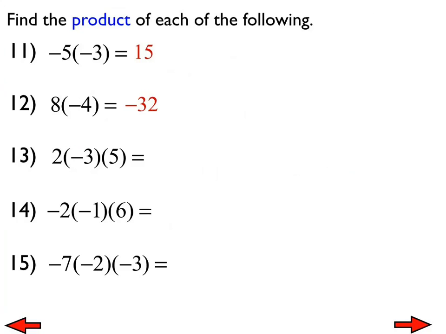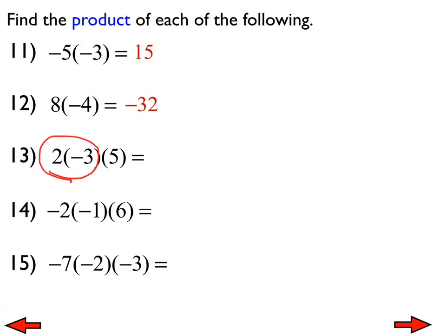But now how do we deal with these multiple integer problems? Well, the commutative property tells us that if we only have adding in any sort of math problem or multiplication, we could do things out of order. Now, I imagine most of you would go left to right. So that's the way that I'm going to approach these. So in number 13, what is 2 times negative 3?